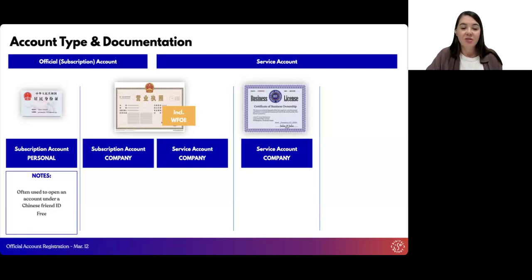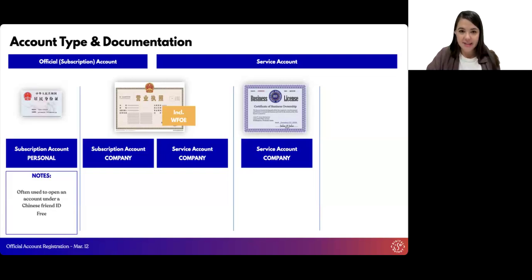But the long story short is that your Chinese friend is the owner of this account. So not only are you not the owner of the account, but also your friend is technically legally responsible for the content that you are posting on this account. So your friend is the admin of the account and they can add you as an operator. So then you can access the backend and you can start posting articles. And this kind of account is free to open.